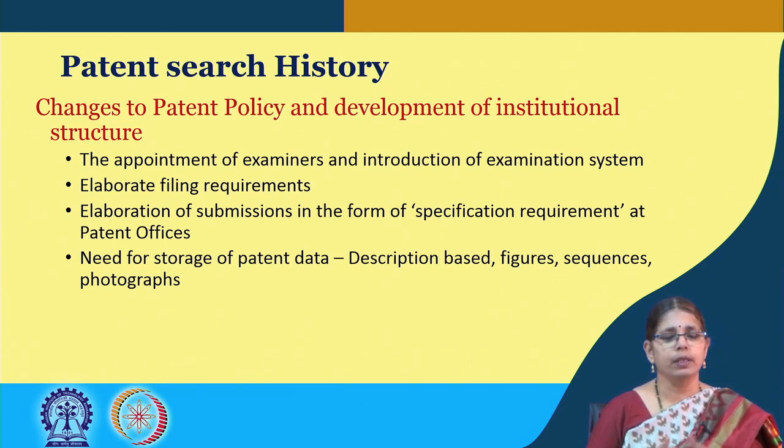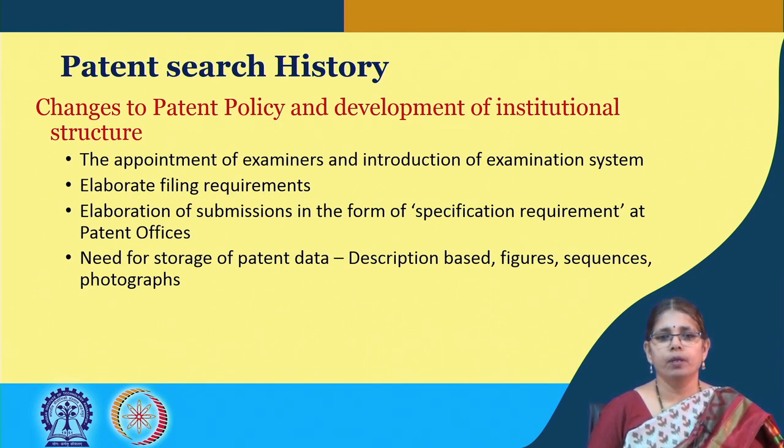Today, you can have a patent which is, let us say, 10 pages. You can also have a patent which runs to 100 or more pages, which means there has been an elaboration of what we call the specification requirements. So, this is one important consideration which led to the change in the way patents were being stored and documented.